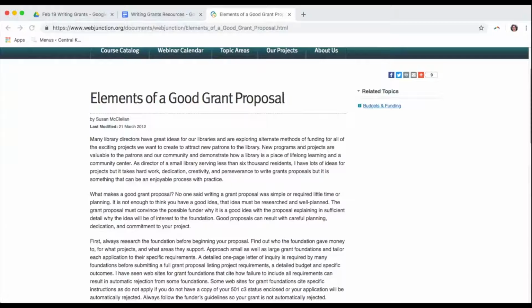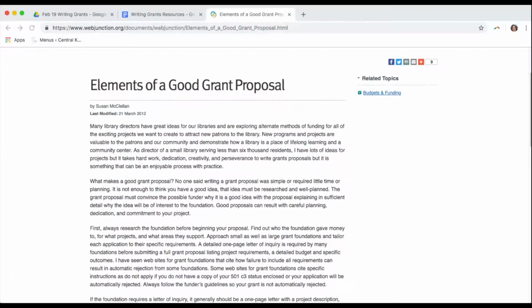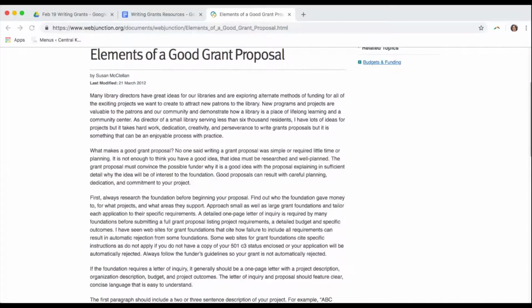You can kind of use them as a template for you. So you kind of have those benchmarks to meet by looking at previous grant winners. Some big grants out there require you to write a letter of application before you actually get to the application. And so that means that you have to do a lot of research before you can even apply.